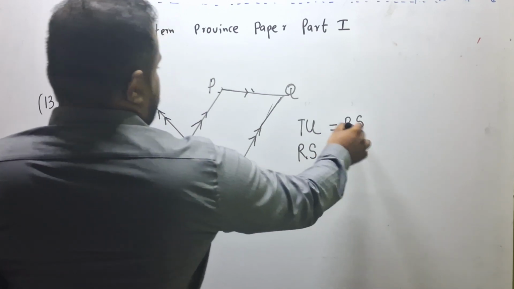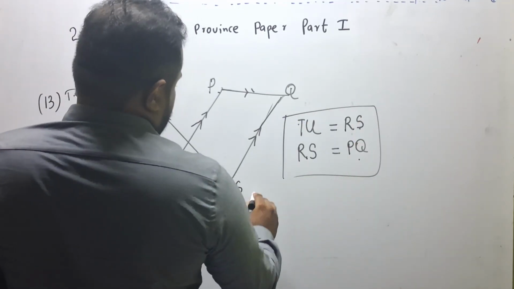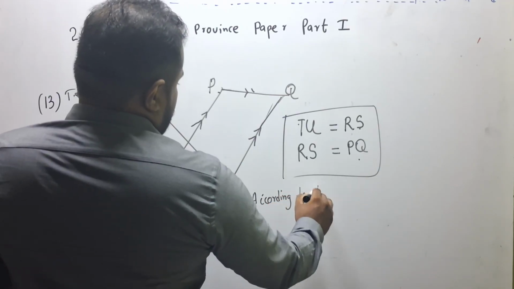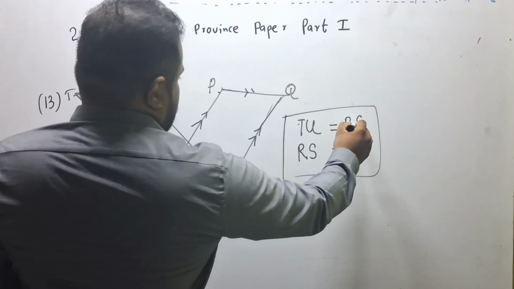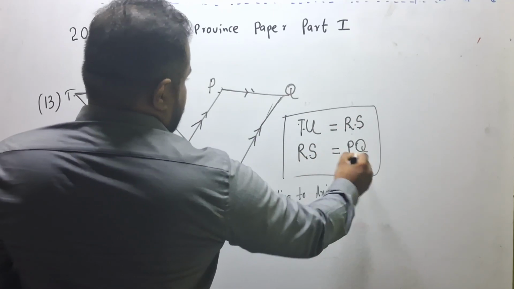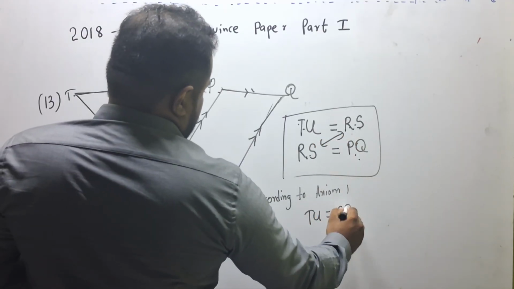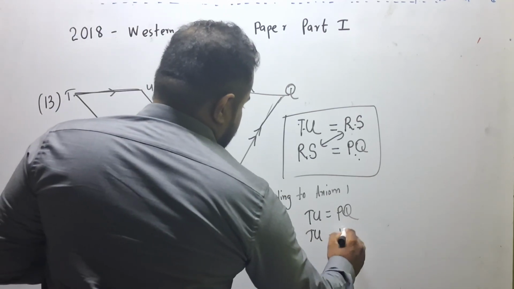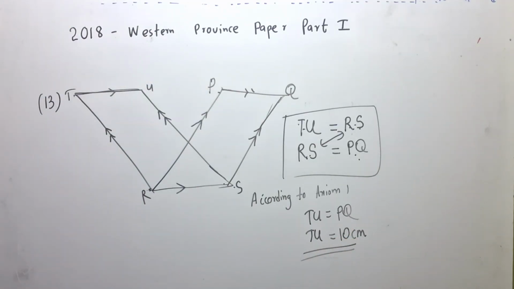If RS is 10, TU is 10. This is according to axiom number 1. According to axiom 1, if RS equals TU and RS equals PQ, TU equals PQ. And PQ is given as 10, so TU equals 10. Answer for TU is 10 centimeters. That's the answer for question number 13.